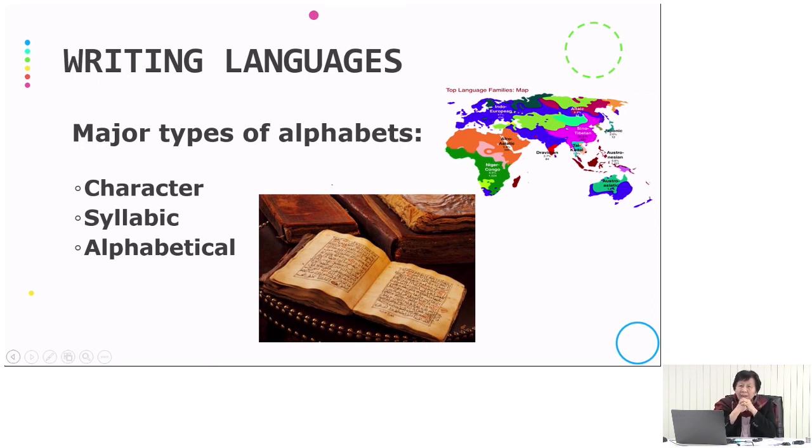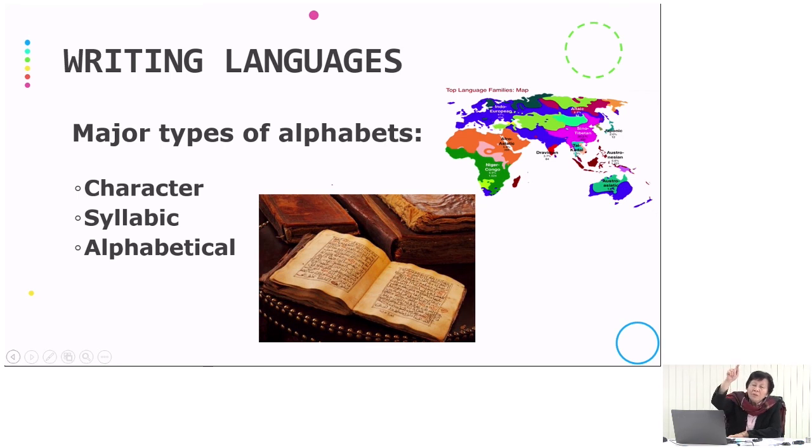What does it mean by character alphabets? Character alphabet means one character, one alphabet, one form means the whole word. For example, Chinese uses character alphabets. One form means something, another form means another thing.